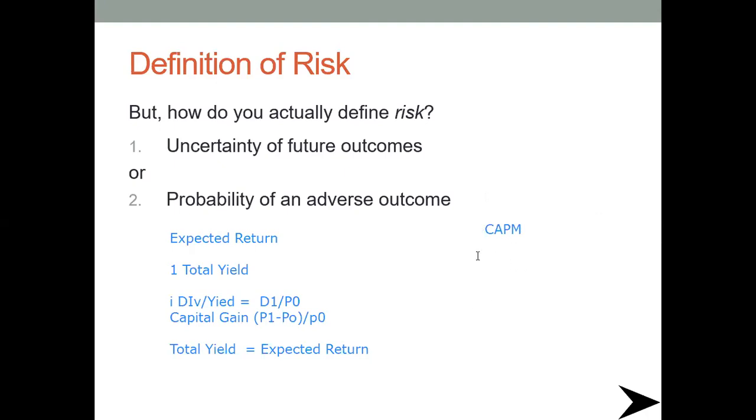Now the famous method is the capital asset pricing model that will help you to calculate expected return. If you don't know the procedure or calculation of dividend, then you will go for this one.